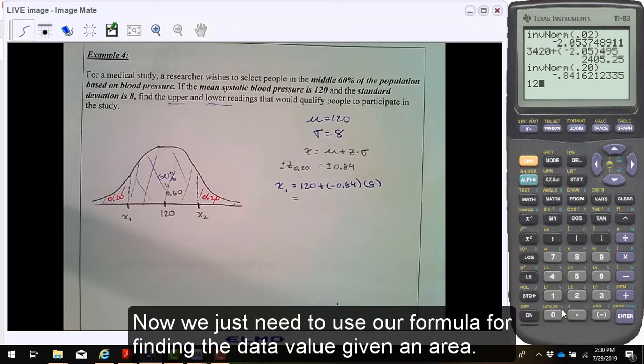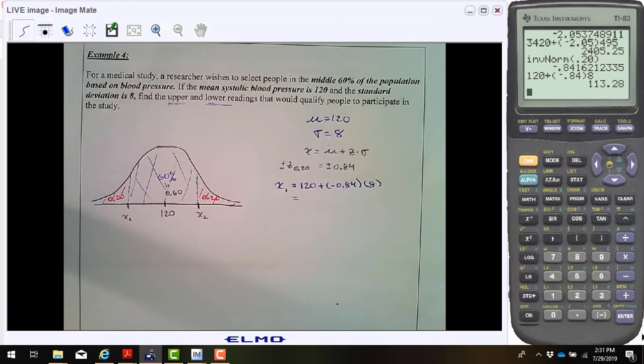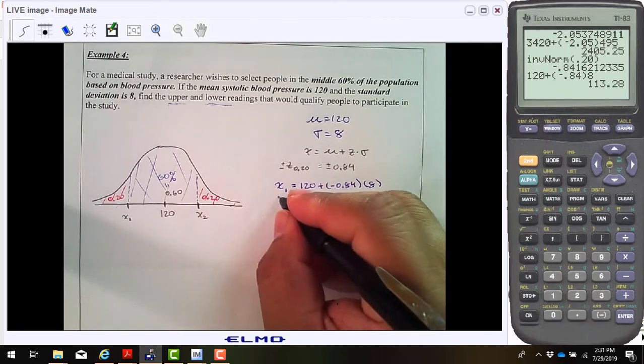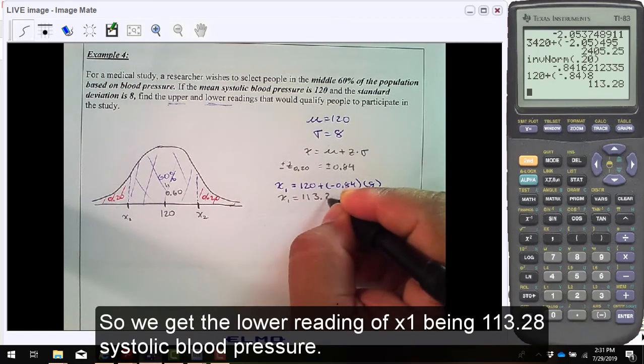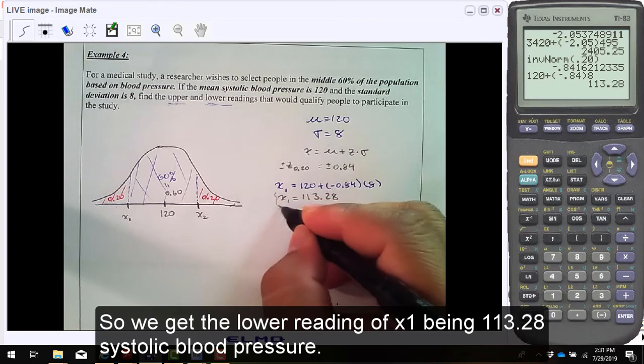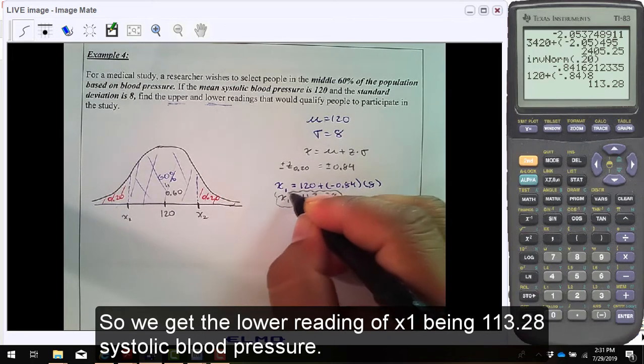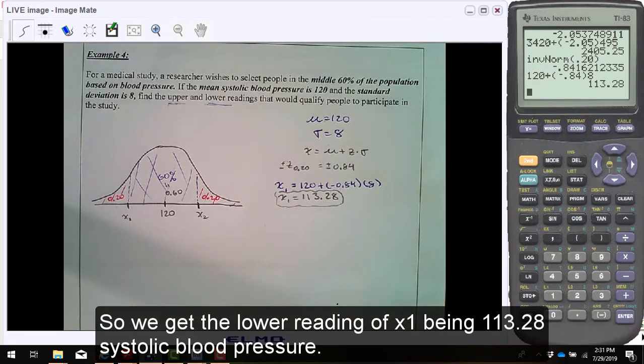Now we just need to use our formula for finding the data value given an area. So we get the lower reading of x1 being 113.28 systolic blood pressure.